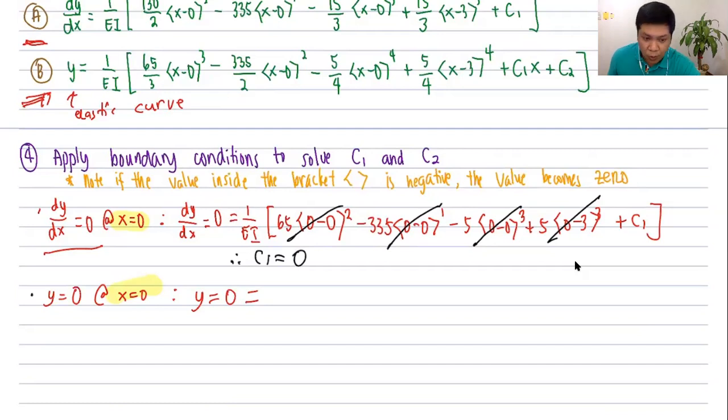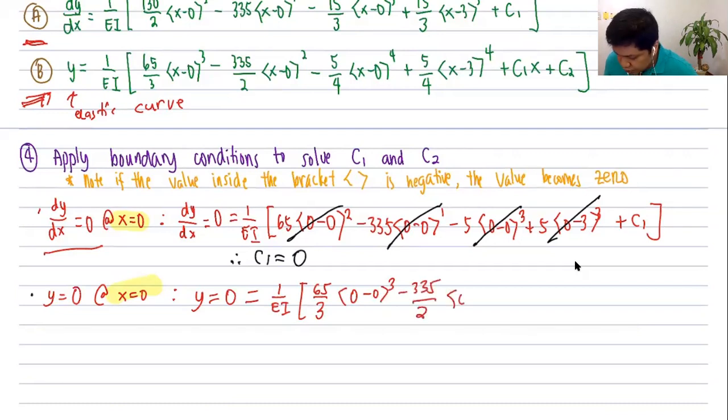So y equals 0 is equal to 1 all over EI times 65 over 3, 0 minus 0 cubed, minus 335 all over 2, 0 minus 0 squared, minus 5 all over 4, 0 minus 3 to the fourth, plus C1, which we already solved to be 0, times 0, plus C2.